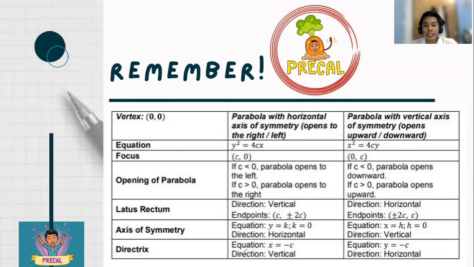For the directrix, when the parabola opens to the right, it's x equal to negative c, but when the parabola opens to the left, it's x is equal to c. So it's the opposite direction. When the parabola opens upward, the equation of the directrix is y is equal to negative c. And for downward, we have y equal to c. So that is the summary.